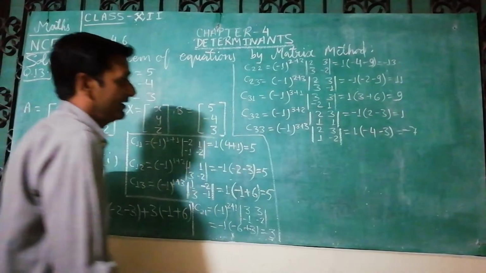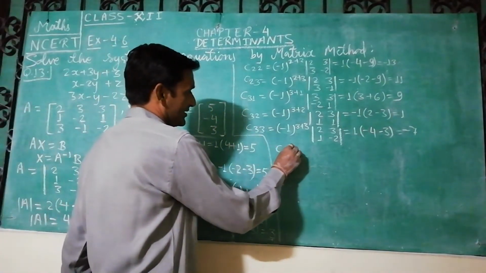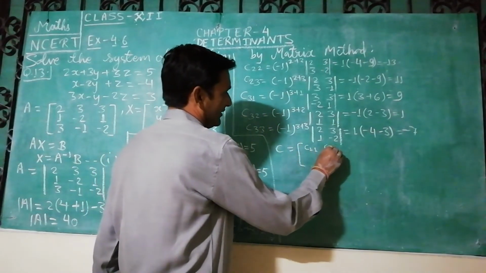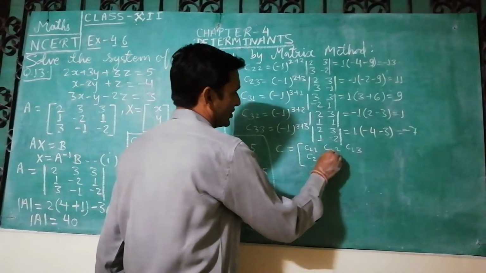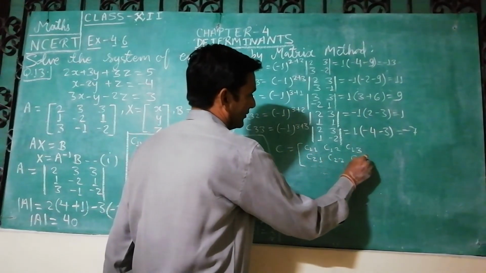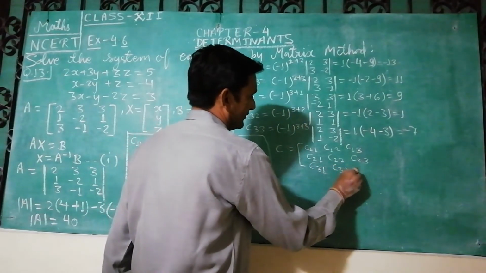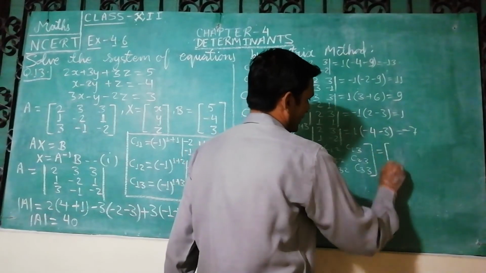Now what we have to find? We have to find the adjoint of A. So for this, we write C, that is equal to C11, C12, C13, C21, C22, C23, and C31, C32, C33. That is equal to what?